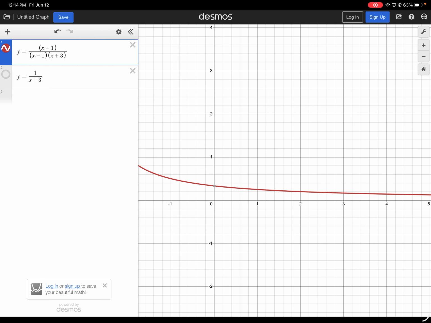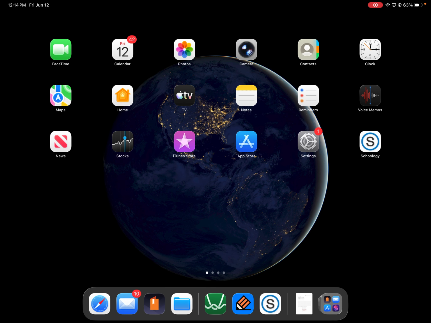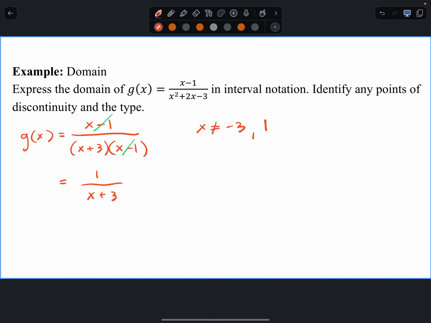It looks like the graph could be continuous if you were to just fill in that single point. Meaning at x equals 1, would that be removable or non-removable discontinuity? Removable, because we could think about removing the discontinuity if we could just fill in the point at x equals 1. This is what we call a hole in the graph.